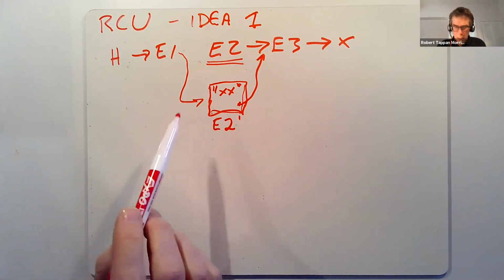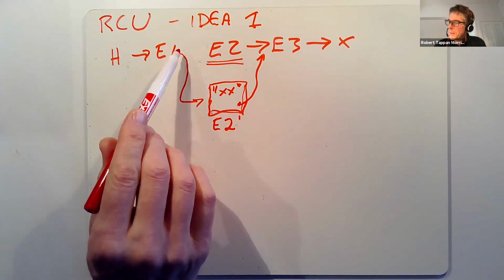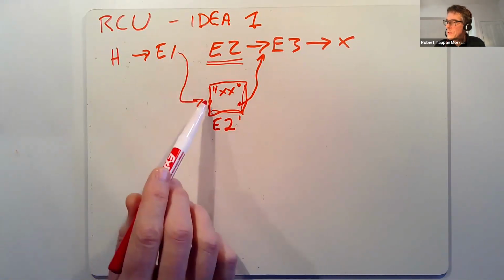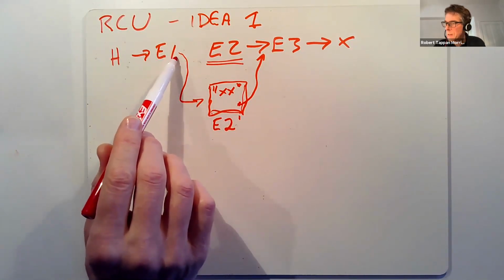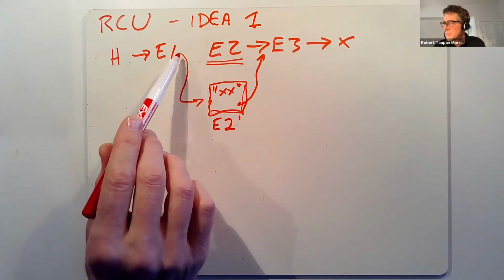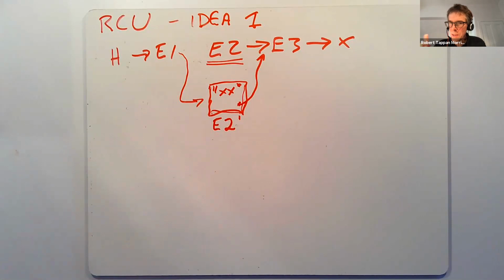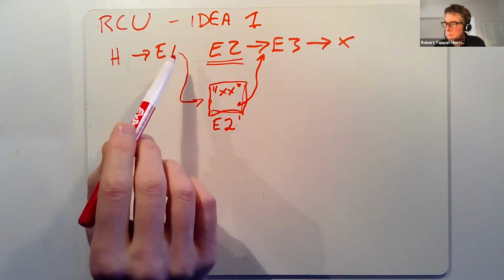As a piece of jargon, the swap of E1's next pointer from the old E2 to the new E2, in my head, I call this a committing write. Part of the reason why this works is that with a single committing write, which is atomic, like writes to pointers on the machines we use are atomic in the sense that either the write to the pointer happened or didn't happen from the perspective of readers.